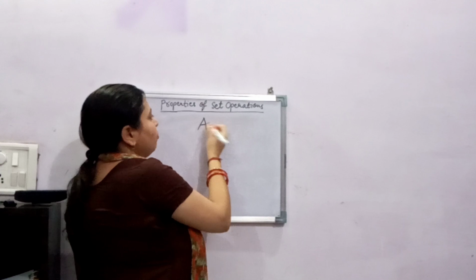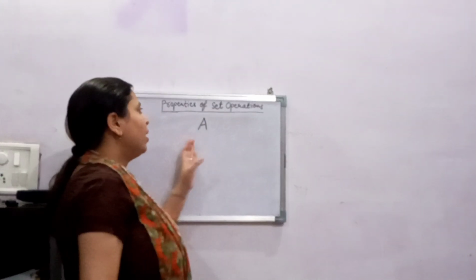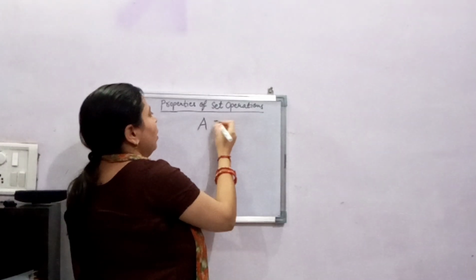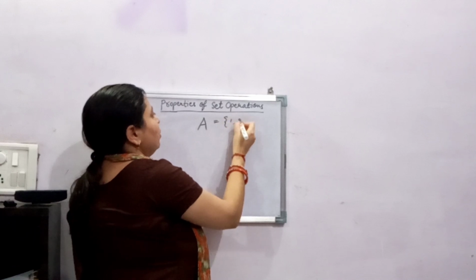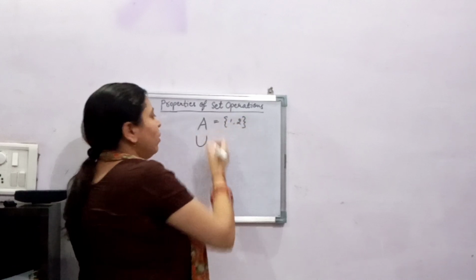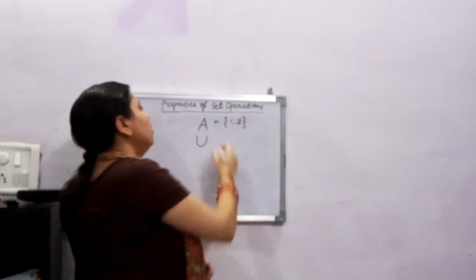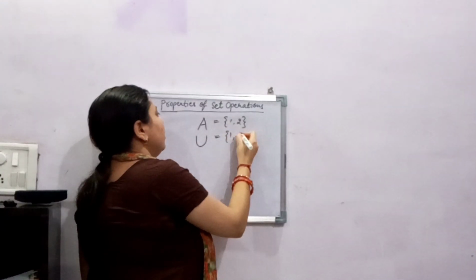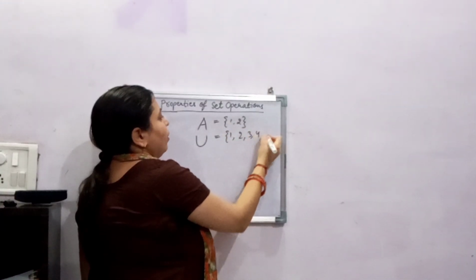Complement operation means if A is any set, suppose A contains 1 and 2, and U is the universal set. Suppose the universal set contains 1, 2, 3, 4, 5.